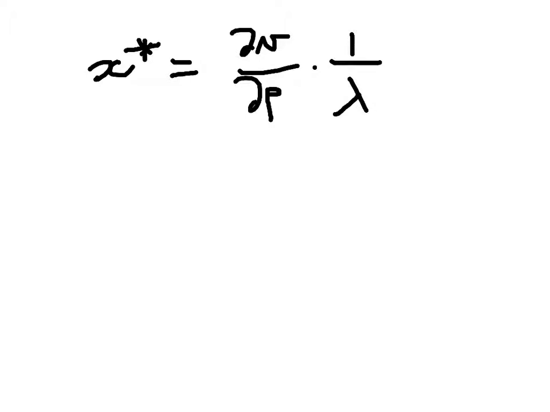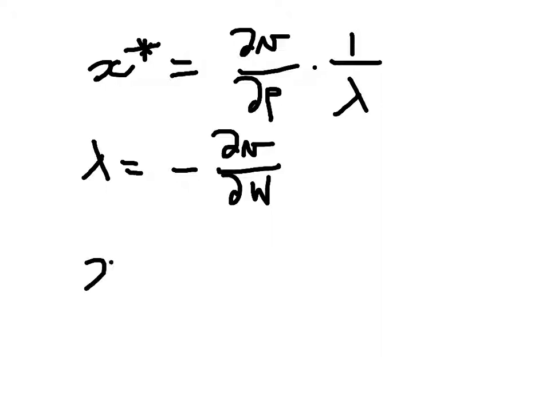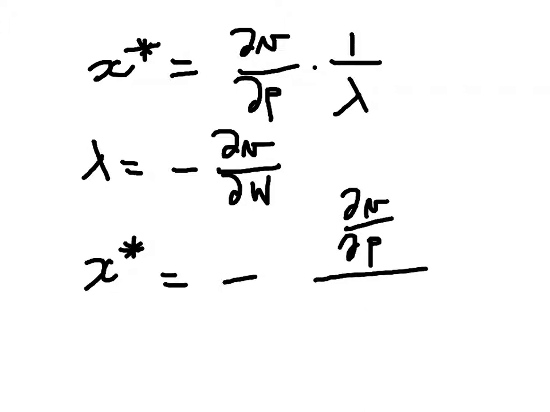From equation 2, I can write that lambda is equal to negative partial derivative of v with respect to w, and so if I combine those two results, I plug lambda into the equation above, I get x star equal to negative a ratio: partial derivative of v with respect to prices divided by partial derivative of v with respect to wealth. And this result is Roy's identity.